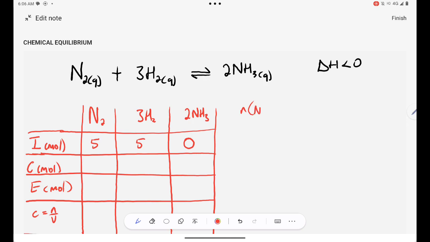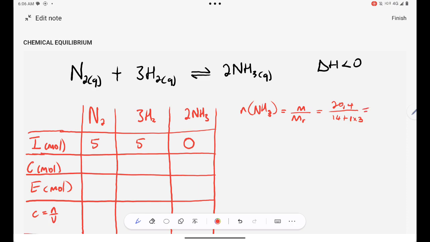Number of moles of ammonia at equilibrium, NH3, is equal to mass divided by the relative molecular mass. The mass is equal to 20.4. The relative atomic mass, for nitrogen, I have 14. Hydrogen is 1, but since I have 3 of them, that's 1 multiplied by 3.